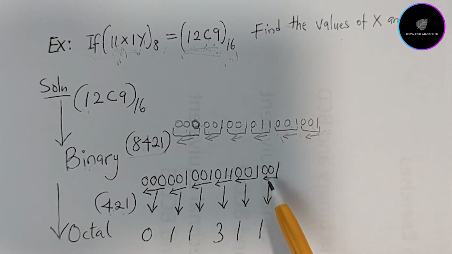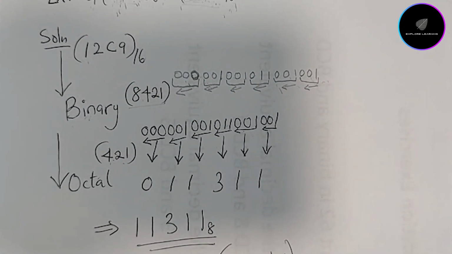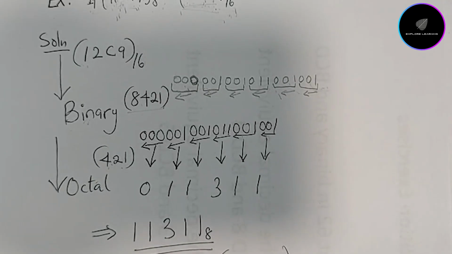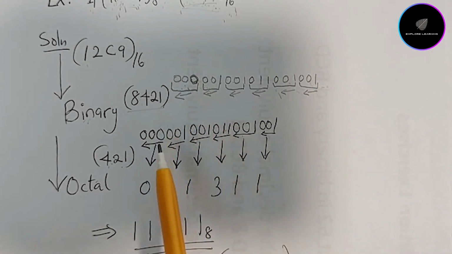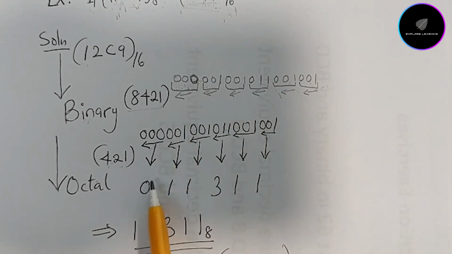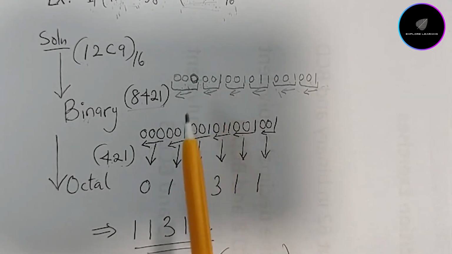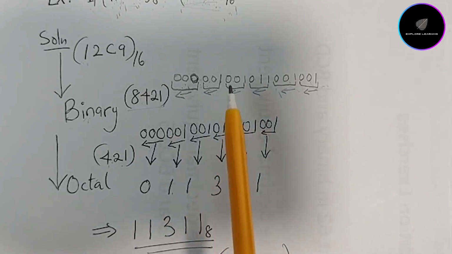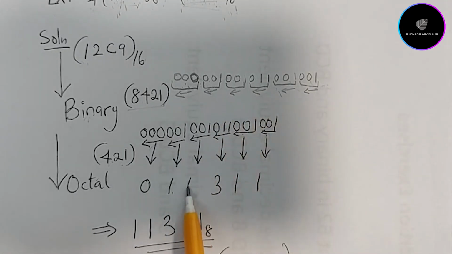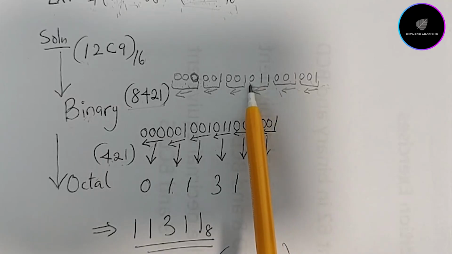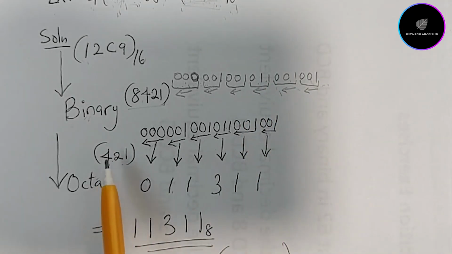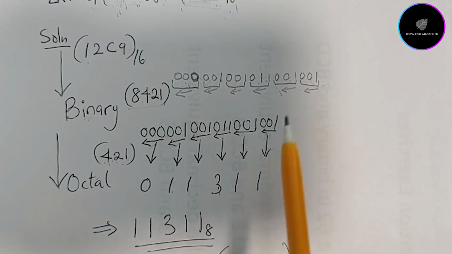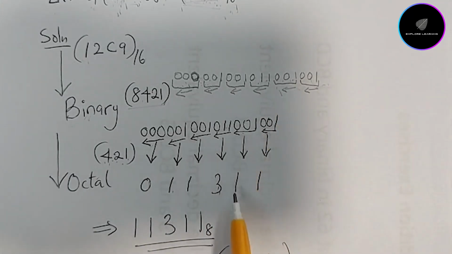Now in order to represent this, 0, 0, 0 will give us 0. 0, 0, 1 will give us 1. 0, 0, 1 will give us 1. 0, 1, 1 will give us 3. 0, 0, 1 is going to give us 1. 0, 0, 1 is going to give us 1.